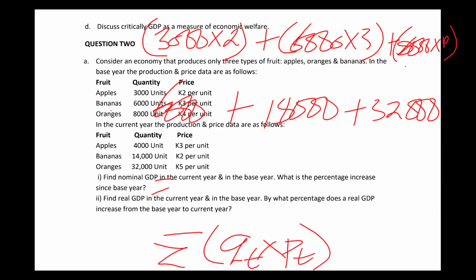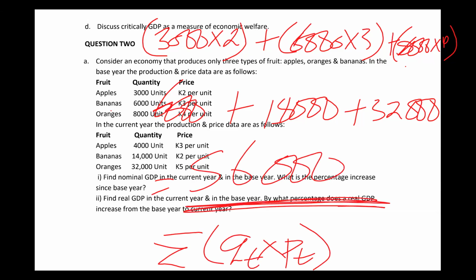Let's go. What do we find? 56,000. Everyone is finding the same. Is this hard? School is easy. This is what we were telling you. Exams are made easy. So that's the nominal GDP in the base year.